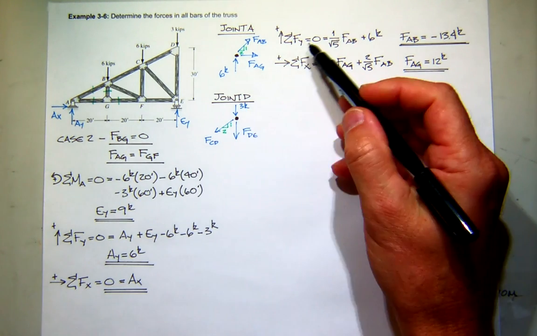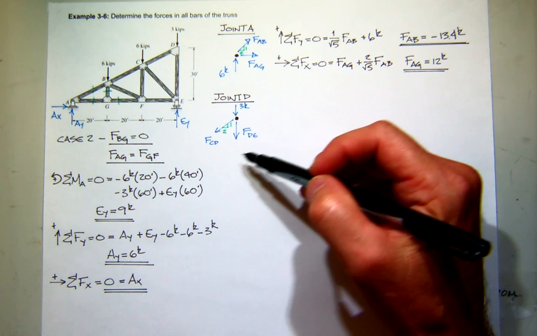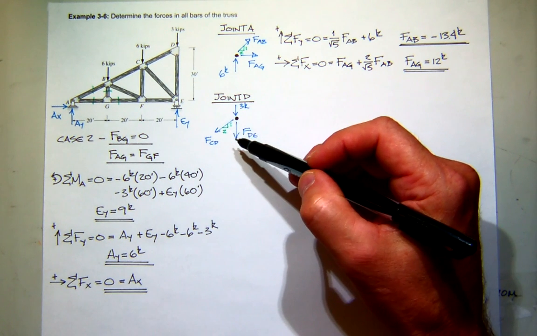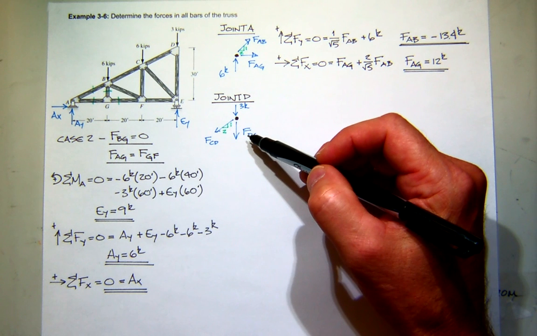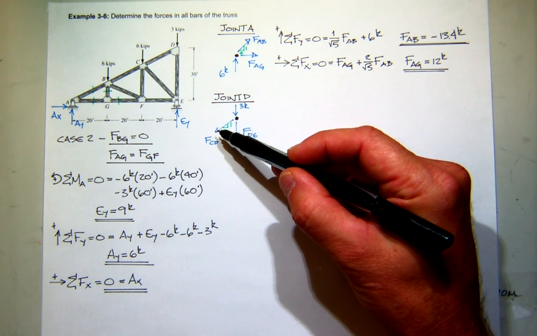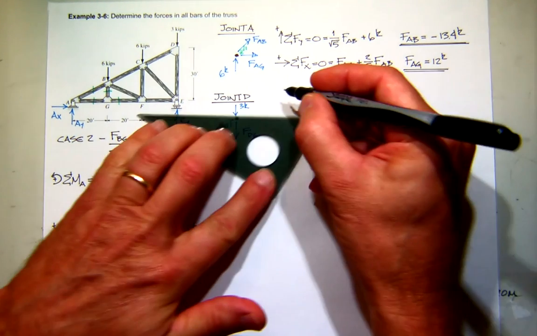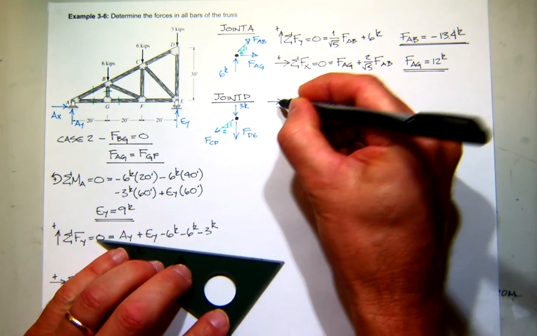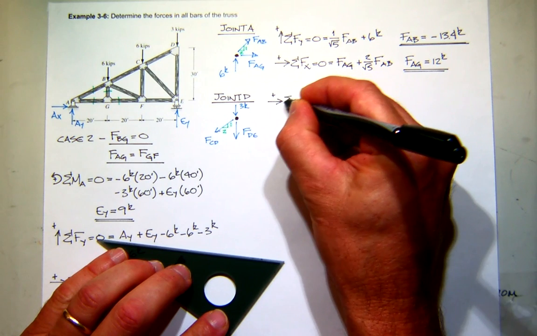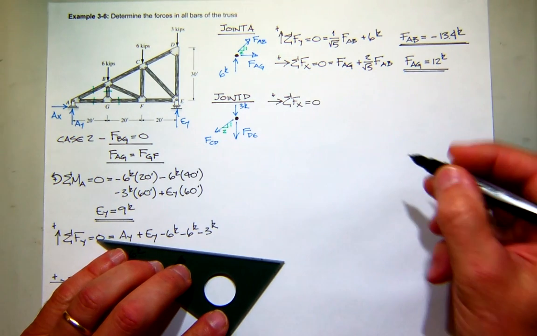So in the similar methodology that we talked about at joint A, looking at this, you'll notice that in this case, my 2 forces both have Y components, but only one has an X component. So I would sum forces in the X first. So let's sum forces in the X equal to 0.